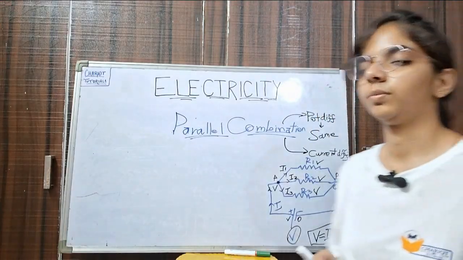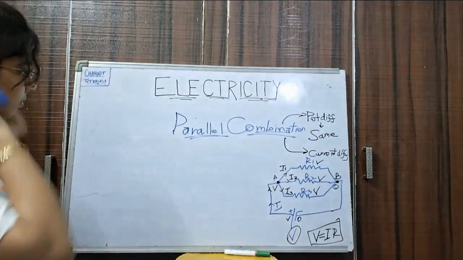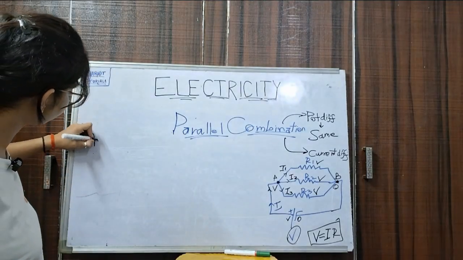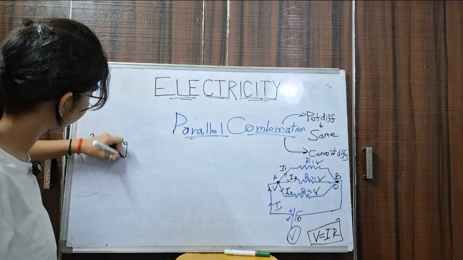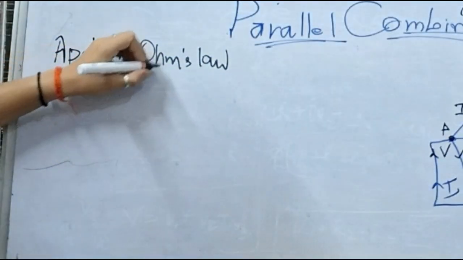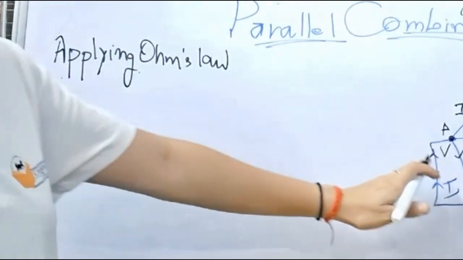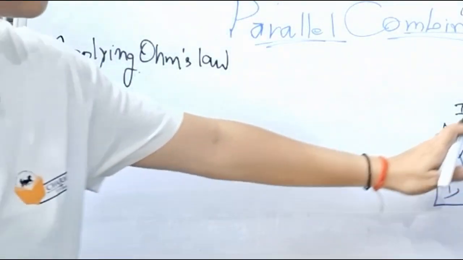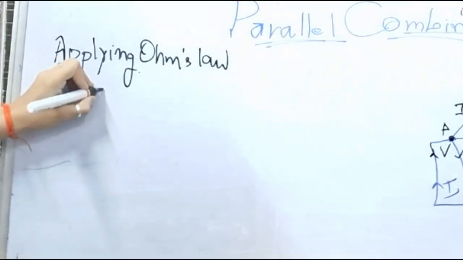So now applying Ohm's law across each resistor. Again we are doing the same thing, applying Ohm's law across R1. So what will happen? In this case, we will apply Ohm's law in a bit different way because here current is getting changed, right? So what we will do?